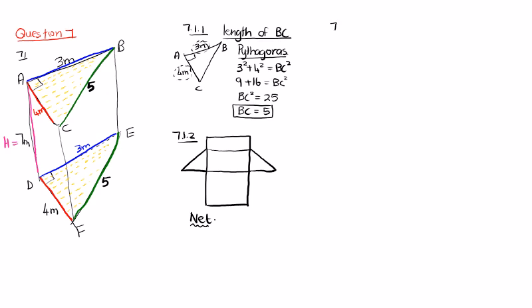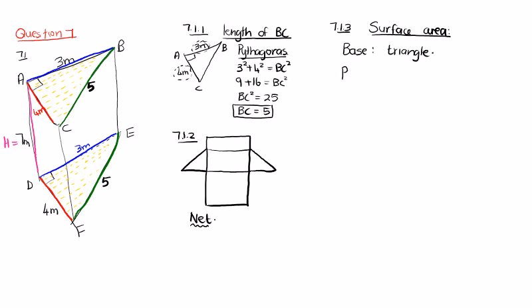Then in 7.1.3, they want you to do the surface area. Now the surface area is 2 times the area of the base plus the perimeter times the height. So you have to write a few things. The base of this prism is a triangle.